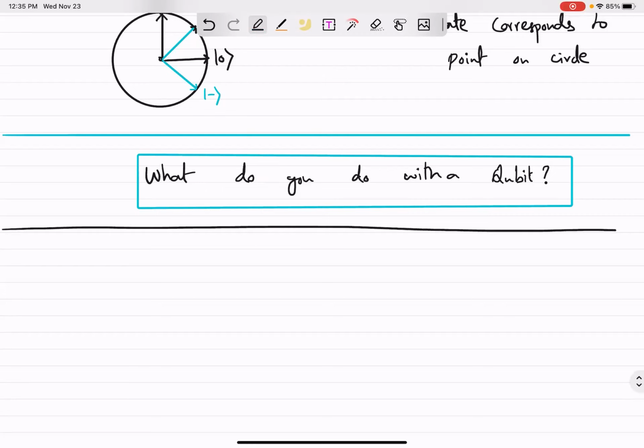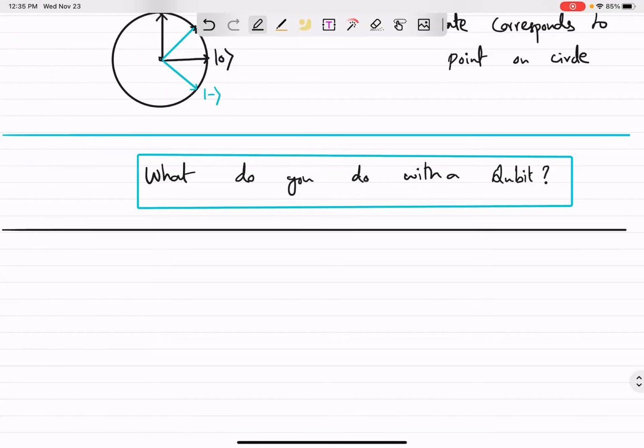Okay. So what you do with qubits is you can measure them, right? So now, if I tell you there's this box, the photon is in this alpha and beta state, I want to know what is alpha and what is beta. Can you know that? You cannot really know that, okay?